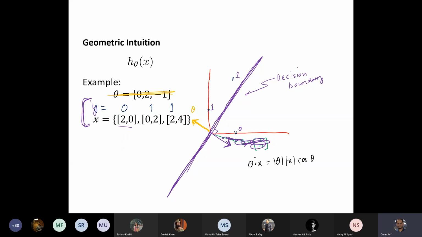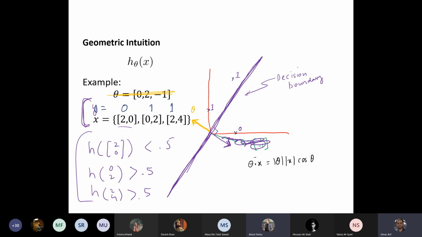Similarly for the 1 class, it should give me a probability greater than 0.5, and similarly for this point as well, greater than 0.5. So which one of these hypotheses, the yellow or the blue one, will give you this kind of prediction?